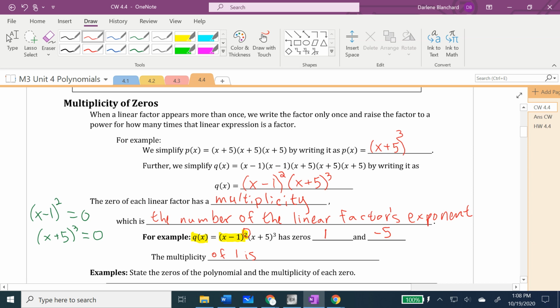So we say the multiplicity of 1 is 2. And then we can also say the multiplicity of -5 is, and what do you think? What will we say the multiplicity of -5 is? Good, 3, the exponent on that linear factor.